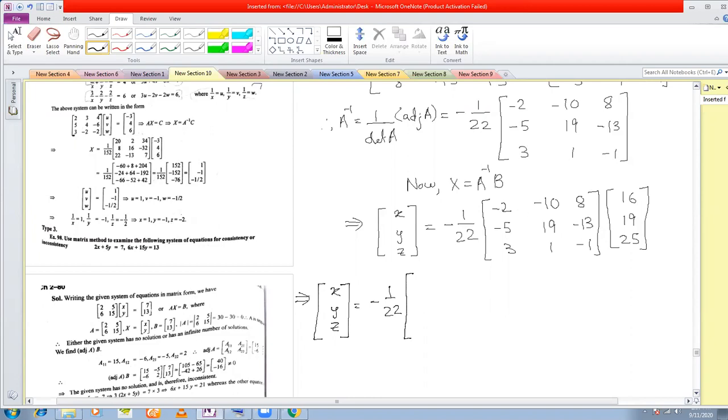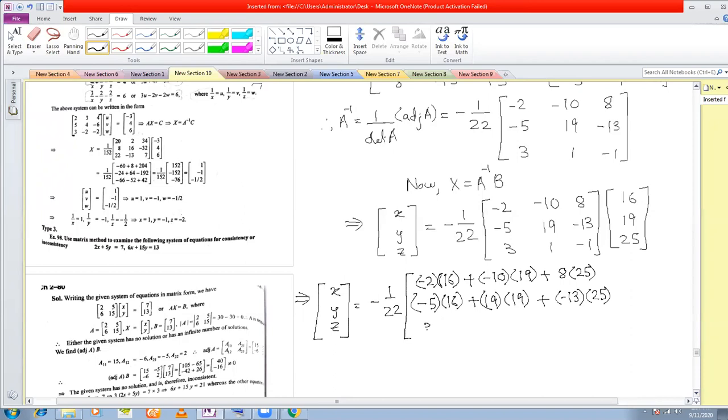So how do you multiply these two? Minus 2 into 16, first row, first column, plus minus 10 into 19 plus 8 into 25. Next, second row, first column: minus 5 into 16 plus 19 into 19 plus minus 13 into 25.